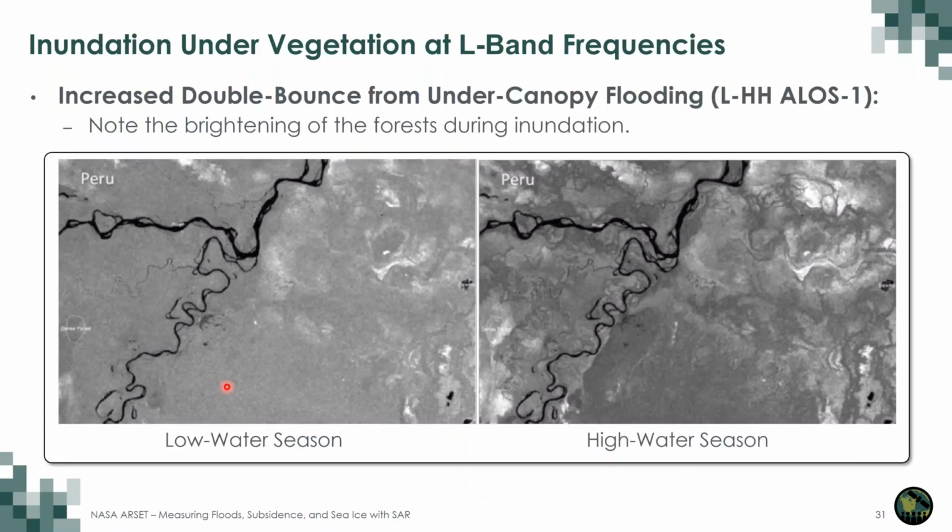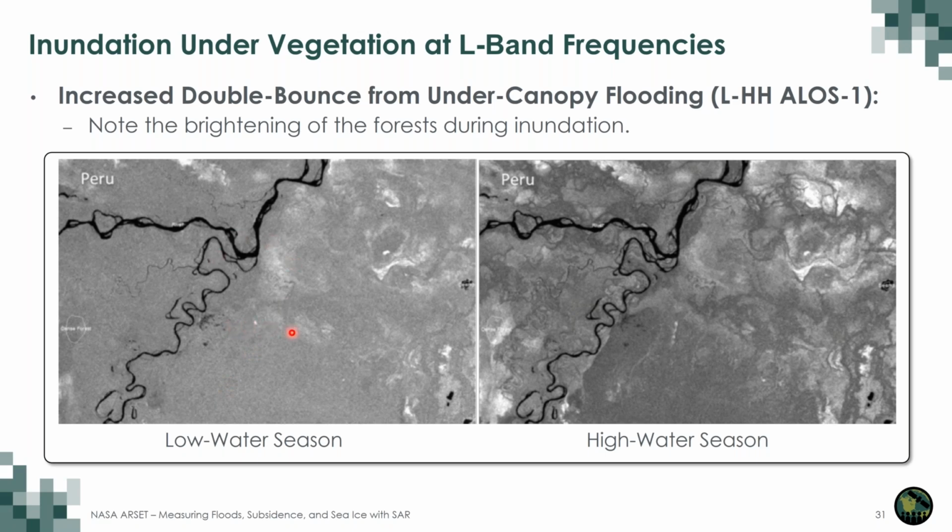And an example of this you can see again on this slide. This is L-band data coming from a Japanese mission called ALOS-1. These data were acquired in the early 2000s. This is an area in Peru. And what you see here, you see the same area covered at 2 different times of the year.